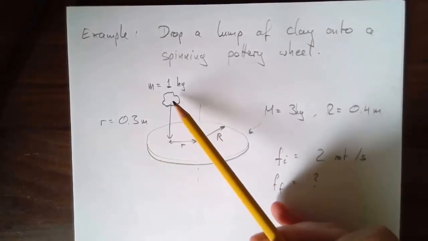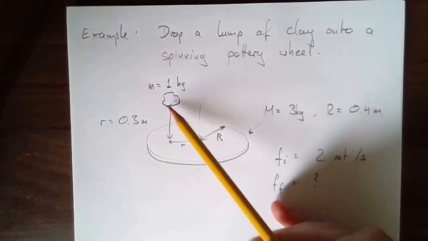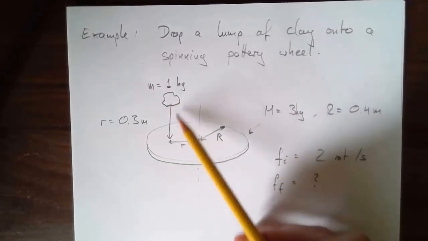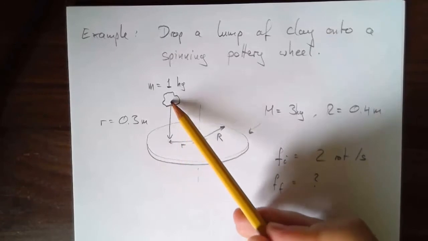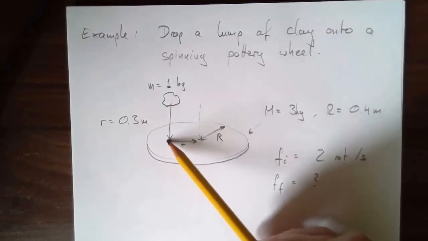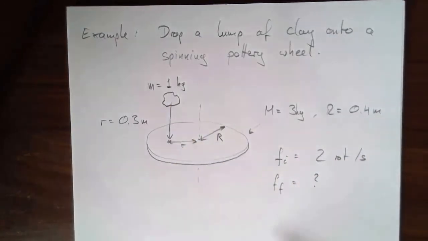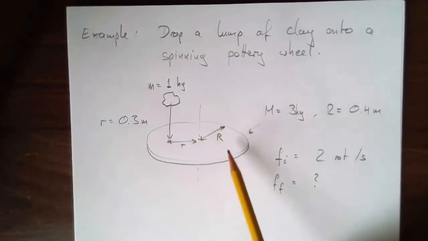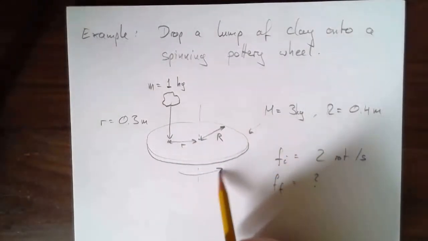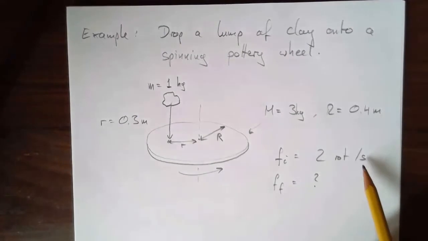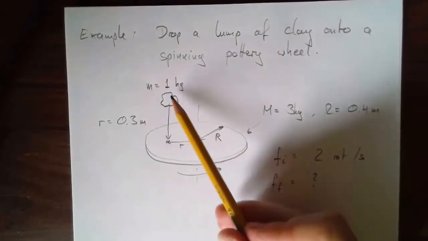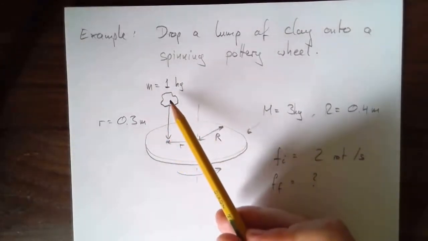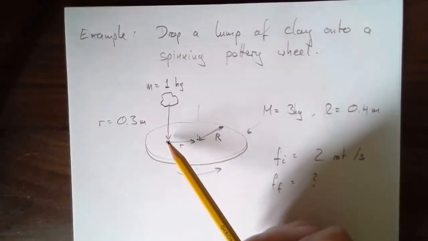Now, of course, this lump of clay, it's a lump, it has a size. I'm going to imagine it's small enough that it all is fairly close to the same point. So I'm going to treat it like a point mass that's suddenly put down at this point here. And I imagine that my wheel spins at 2 rotations per second. So I want to figure out, once I drop this lump of clay, it comes with 0 angular momentum.